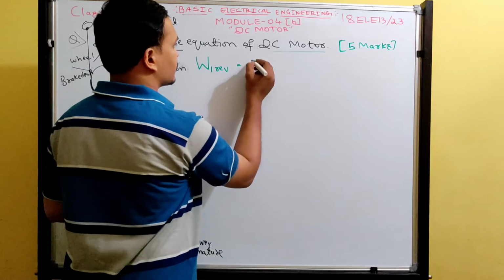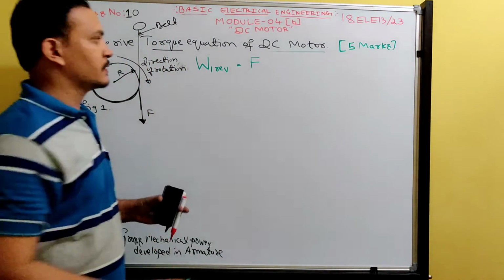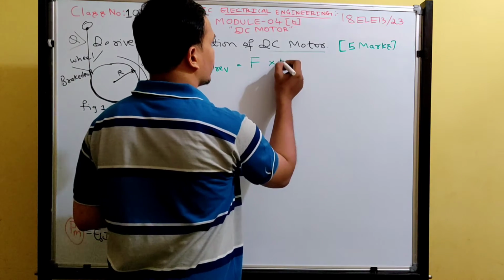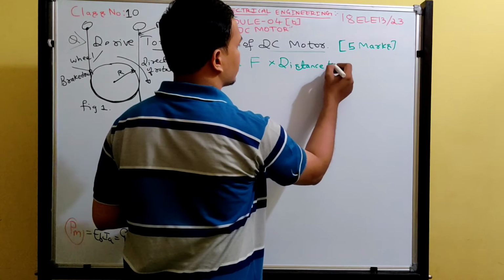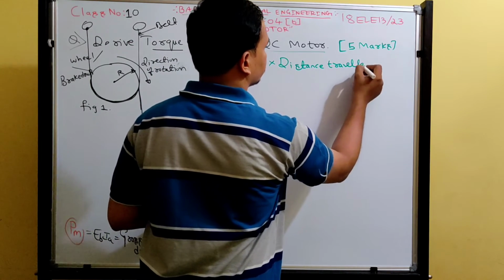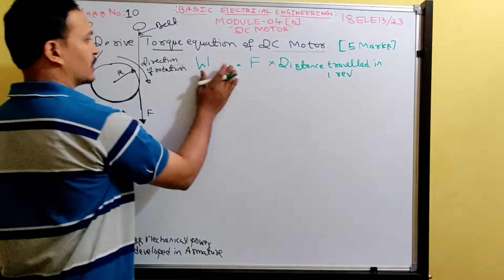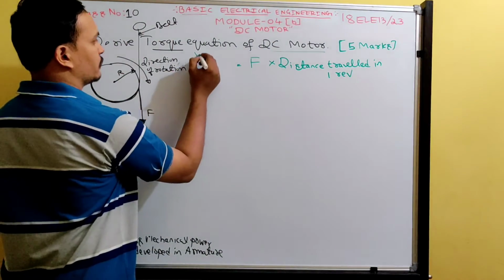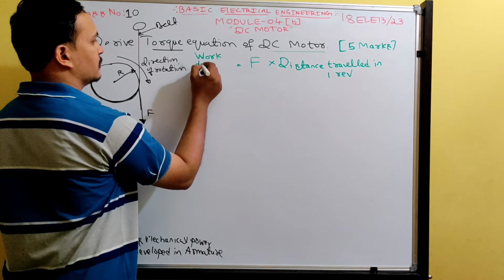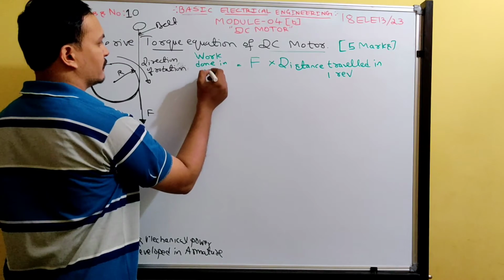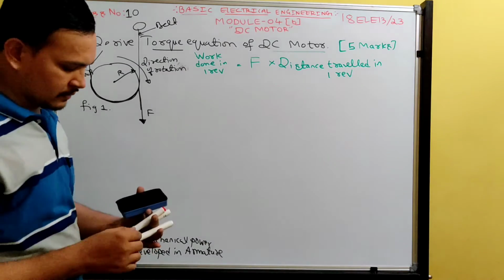Work done in one revolution is equal to, what is the basics? Work done is equal to what? Force into distance. Force into distance traveled in one revolution. So work done in one revolution is equal to force into distance traveled in one revolution.